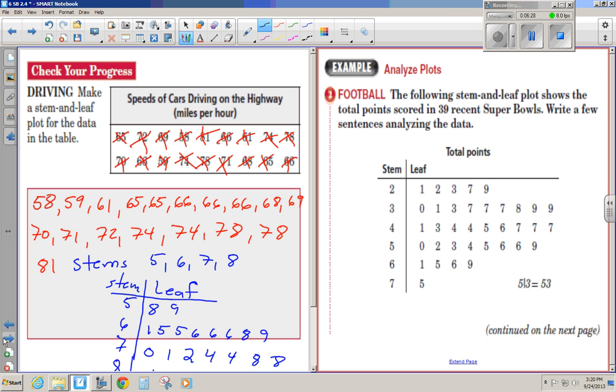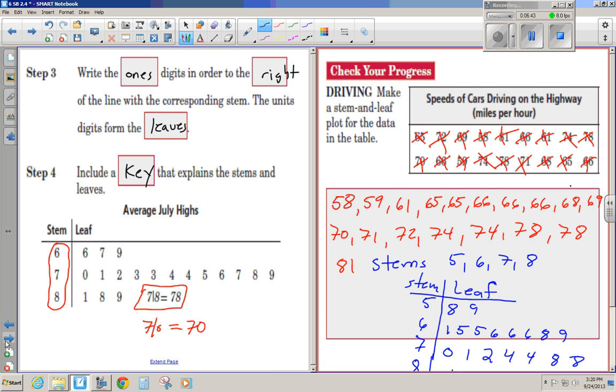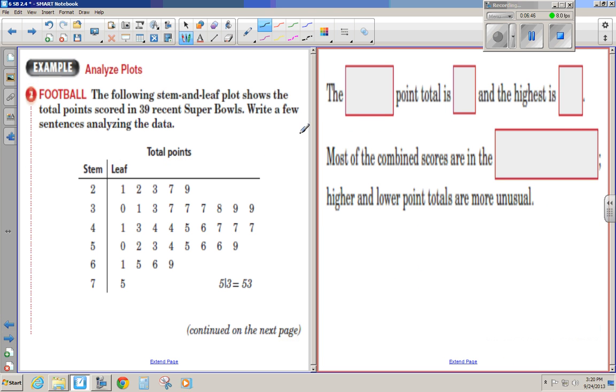All right, analyzing plots. Football. The following stem and leaf plot shows the total points scored in 39 recent Super Bowls. Write a few sentences analyzing the data. So let's say the lowest point total is 21, because a 2 | 1 is 21.